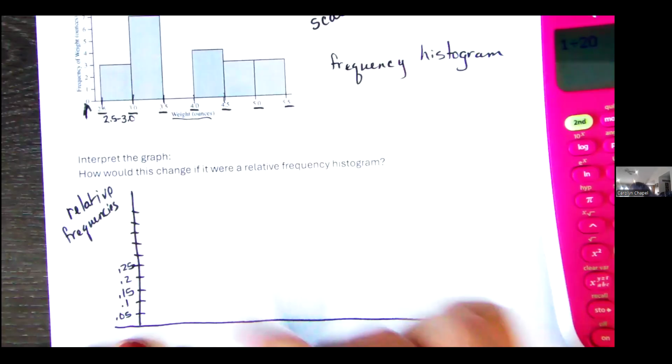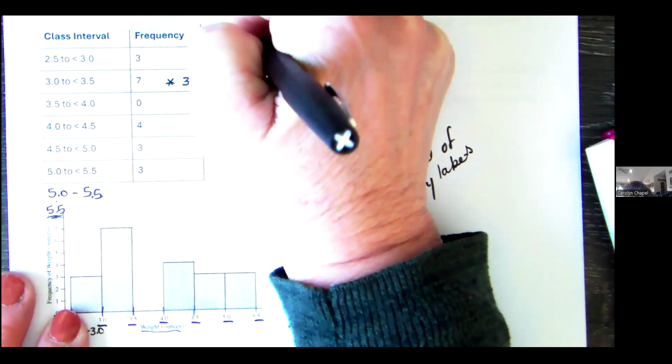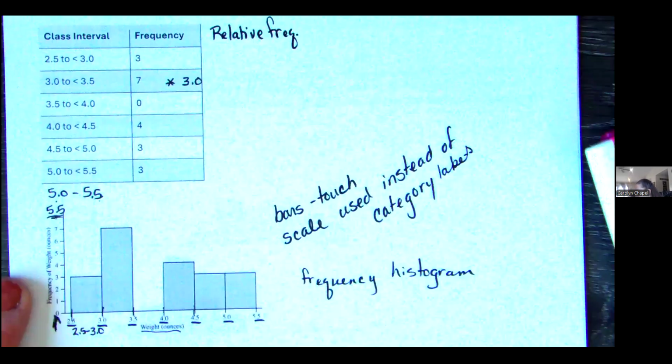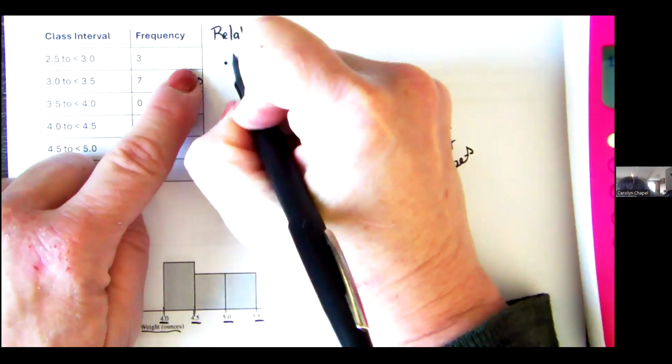And then when I have my 3, because I'd have another column here maybe, and I'm just going to do a couple of bars, relative frequency. I would take my 3 divided by 20. That gives me 0.15.